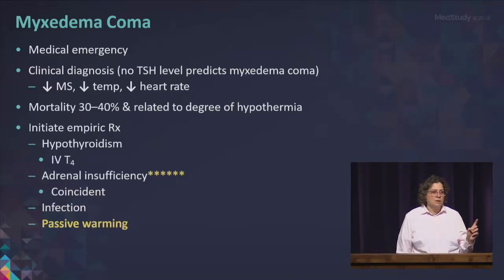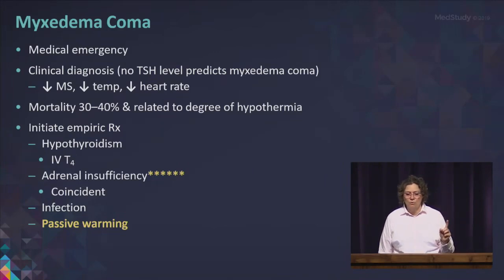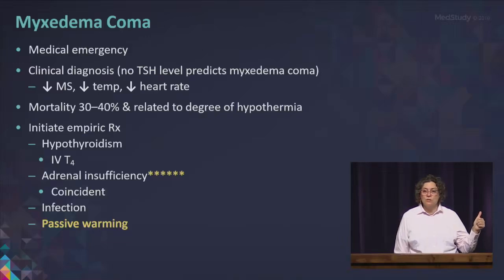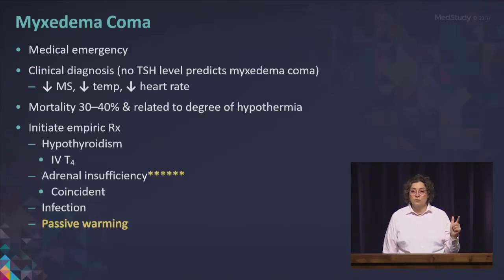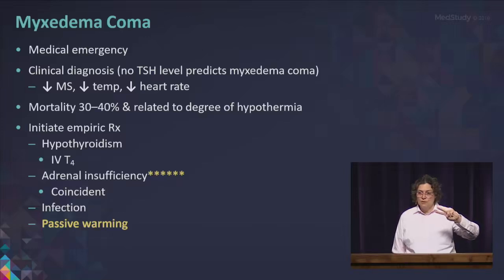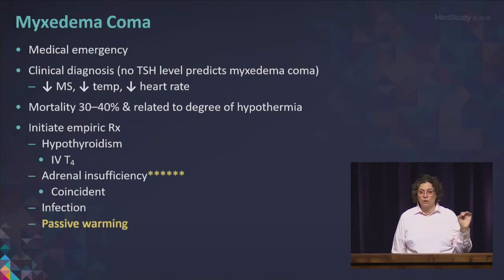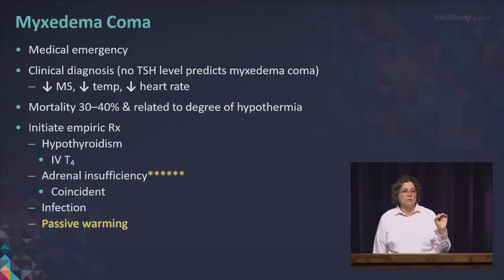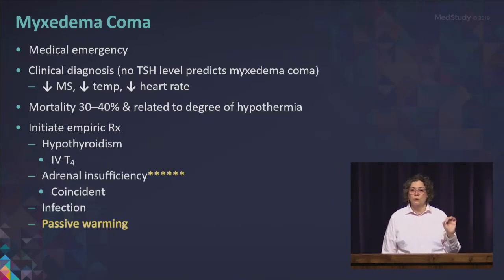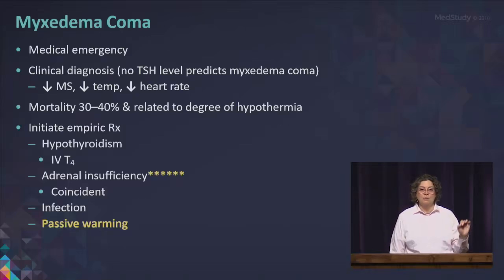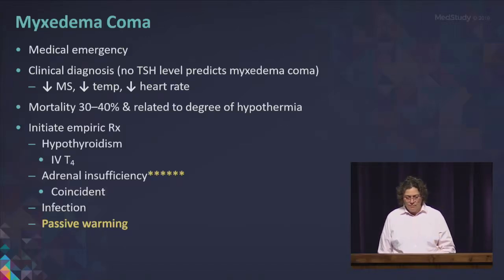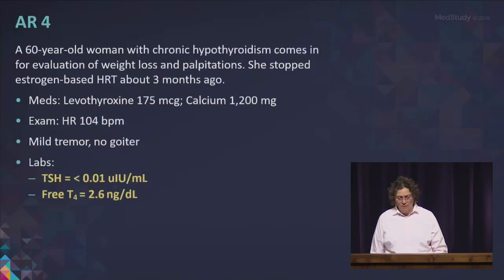But more importantly, before giving the IV thyroid hormone, you either want to assess for adrenal insufficiency or proactively treat for adrenal insufficiency, because it is not uncommon that autoimmune diseases can run together, and if you were to give the thyroid medicine without giving the cortisol, and there is in fact adrenal insufficiency, you're going to precipitate adrenal crisis. Know that you need to empirically treat with glucocorticoids before you give IV thyroid hormone, because if you don't, adrenal crisis. And then you want to do other supportive care along the way.